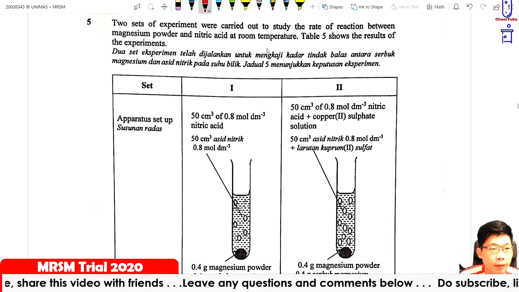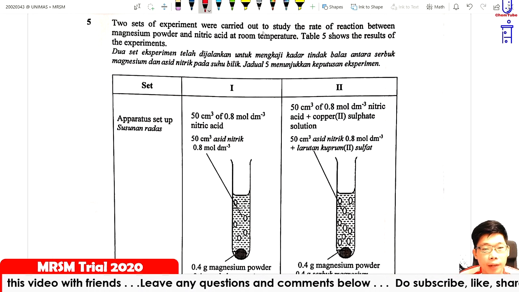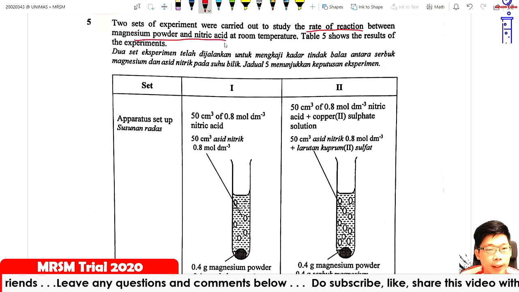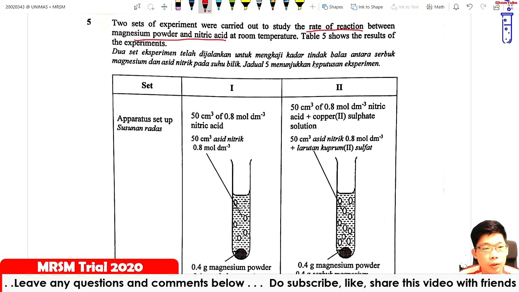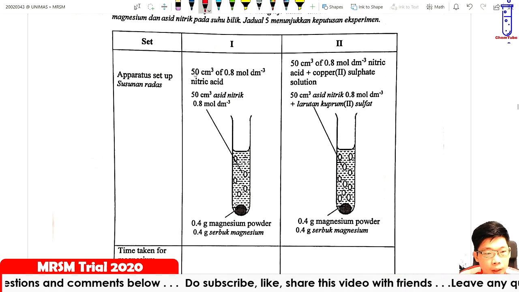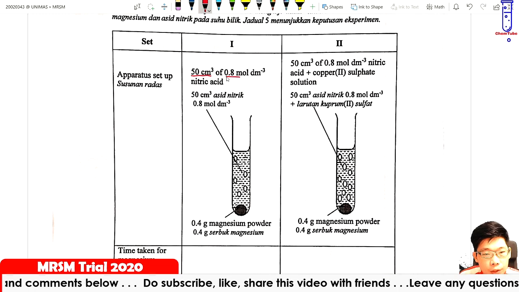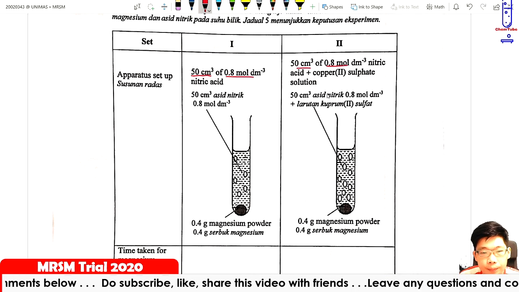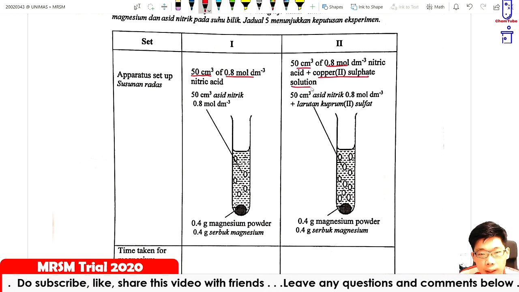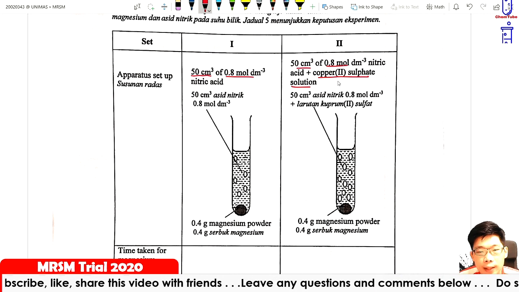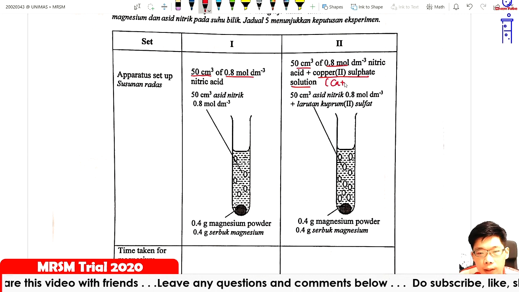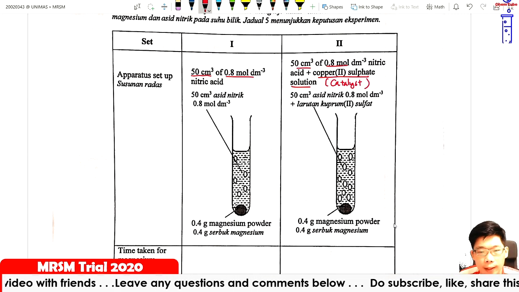Question number 5. Two sets of experiments were carried out to study the rate of reaction between magnesium powder and nitric acid at room temperature. The table shows the result. The volume of 50 and concentration of 0.8 are the same, but in set 2 we have an extra chemical, copper(II) sulfate. That is actually a clue: an extra chemical should be the catalyst.